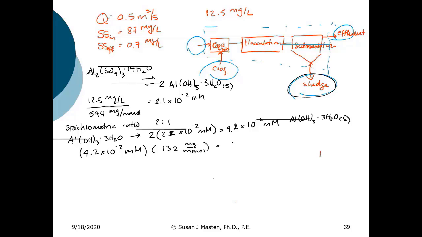And that is 5.5 milligrams per liter. To calculate the mass of the solids, we have 5.5 milligrams per liter. We're treating 0.5 cubic meters per second of water.